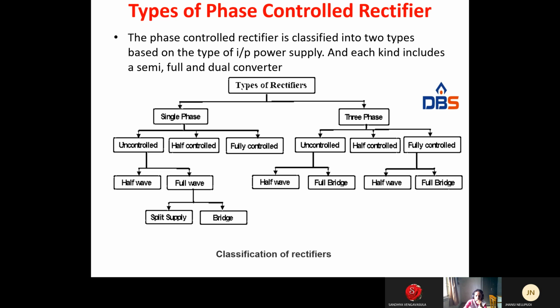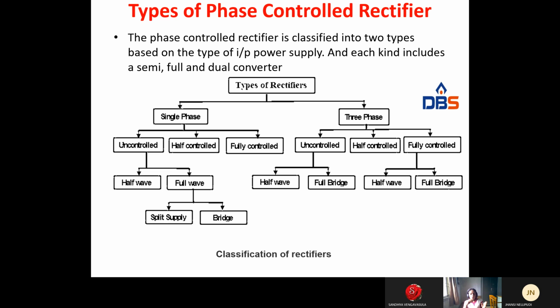In three phase we have uncontrolled rectifier, half controlled rectifier, and fully controlled rectifier. In uncontrolled rectifier we have half wave and full bridge rectifier. In fully controlled rectifier we have half wave and full bridge rectifier. These are the classifications of rectifier.